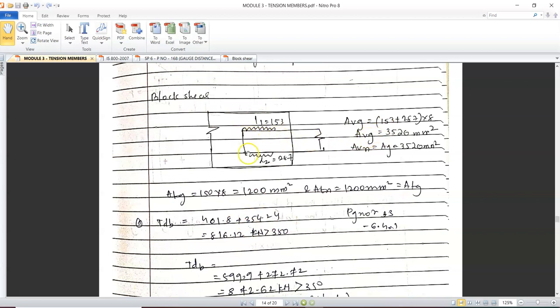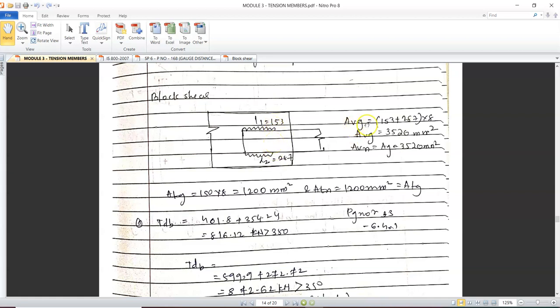Along this line and this line it will be subjected to shearing. Like discussed earlier, block shear is a combination of shearing and tension. Across this line it will be subjected to tension.